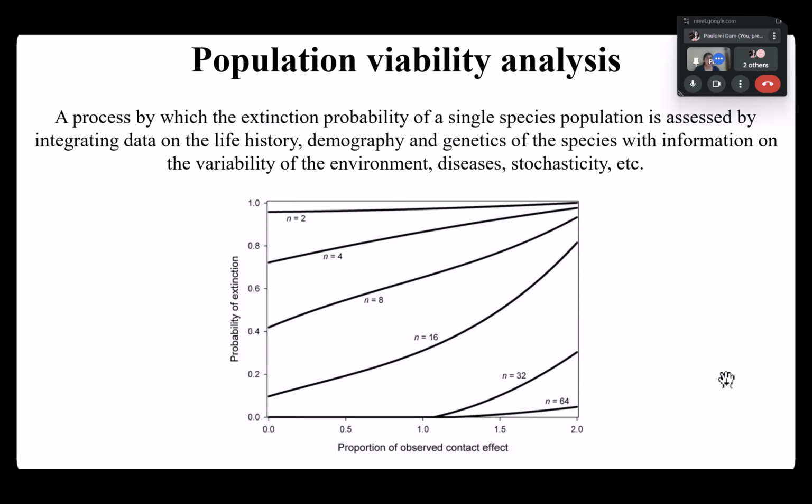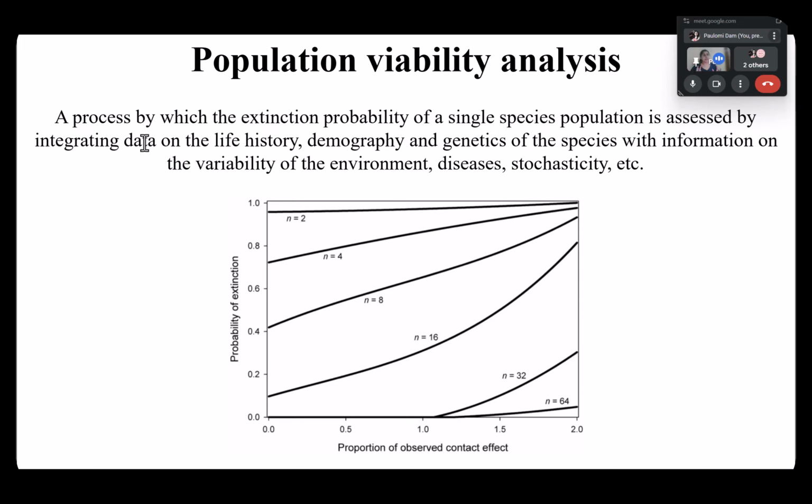First thing is we do a population viability test. Now, what you see here is basically a process by which the extinction probability of a single species population is assessed by integrating data on life history, demography, genetics of the species, along with information on the variability of the environment. So now we are starting to integrate the population biology, animal biology, environmental factors, all the factors that we have read till now.